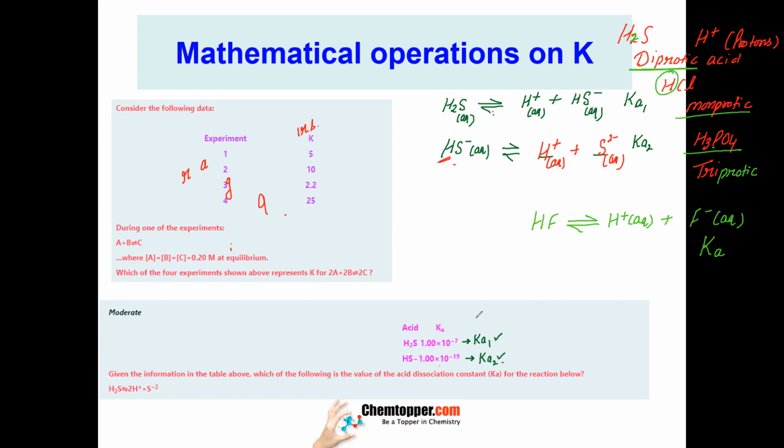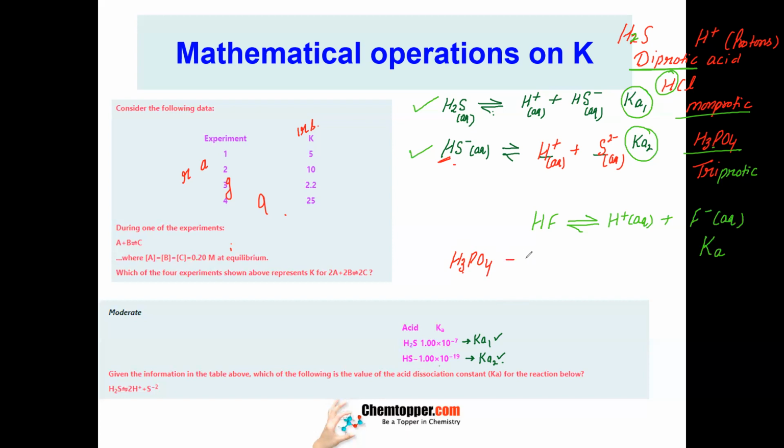But if I take H2S, then you can see two equations, which I have written here: Ka1, Ka2, two of them. And if I take a triprotic acid, now all of you are going to help me. H3PO4 is a triprotic acid. There are three hydrogens.